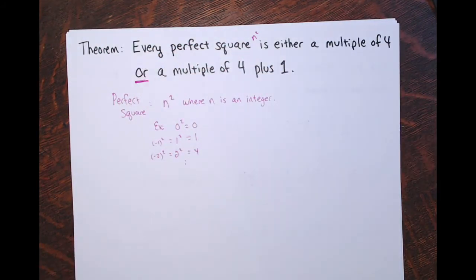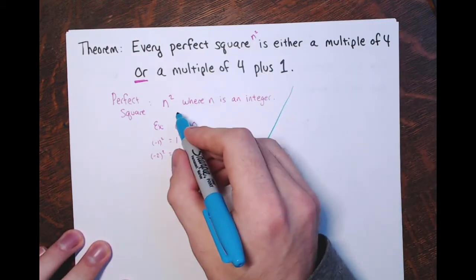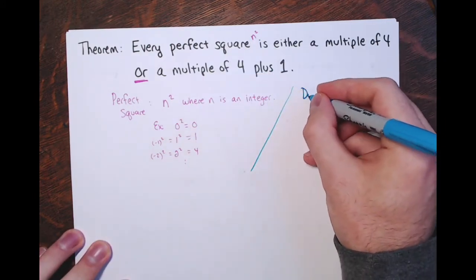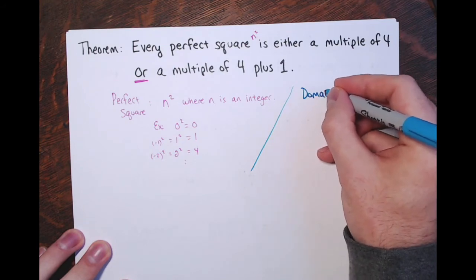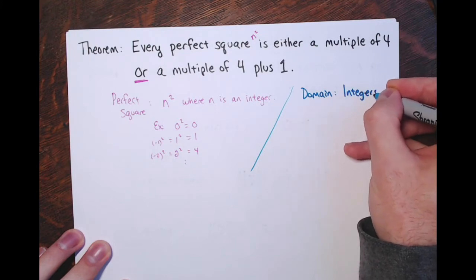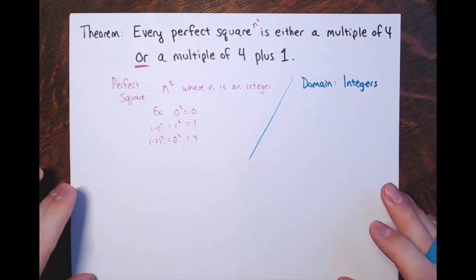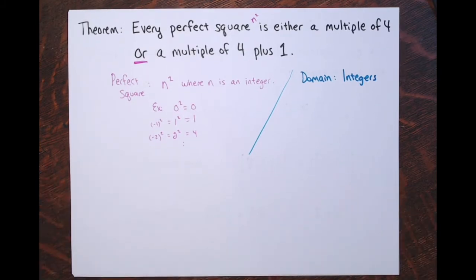All right, now the domain here is again the integers, because the n that I just introduced has to be an integer. Now you can break the integers up in a lot of ways. We saw earlier you could break it up into all the evens and all the odds.